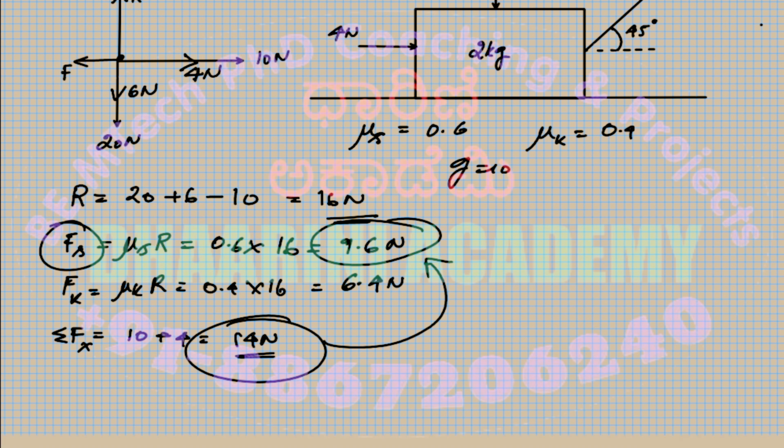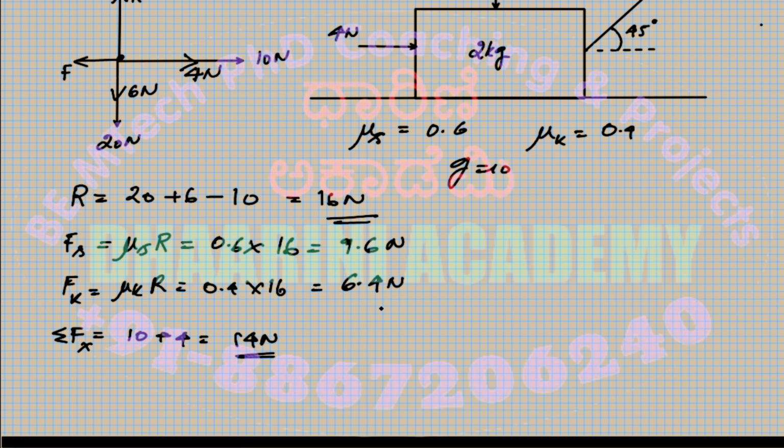So frictional force needs to be identified in that. Either Fs or Fk will act. I have to decide that by checking the following condition. The Fx, the total force, is bigger than mu s into R. Correct? So that is because 14 is bigger than mu s into R, that is 9.6.